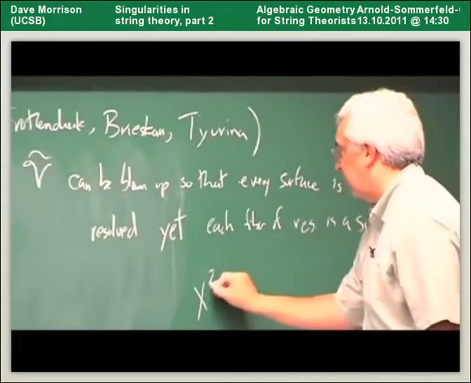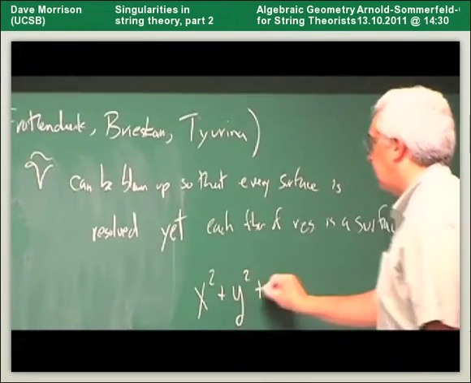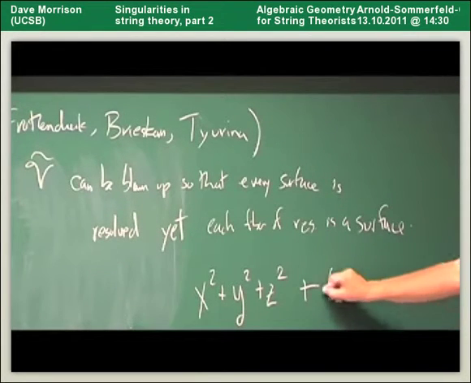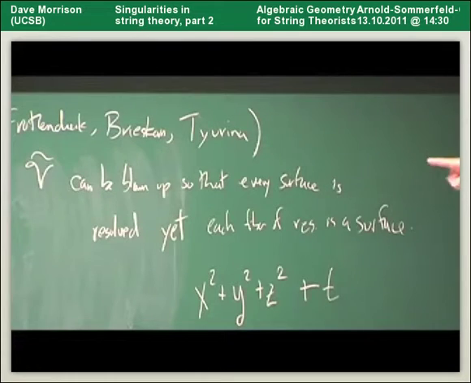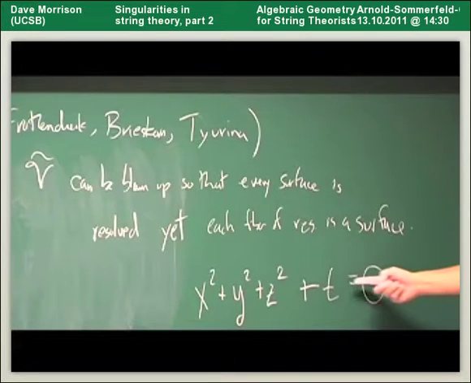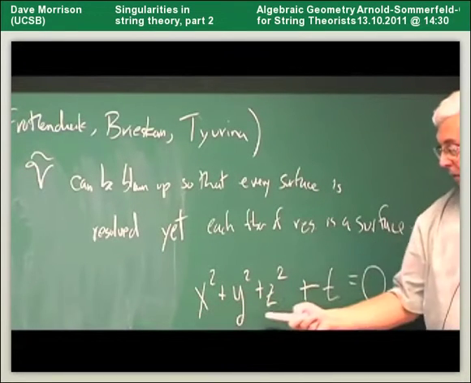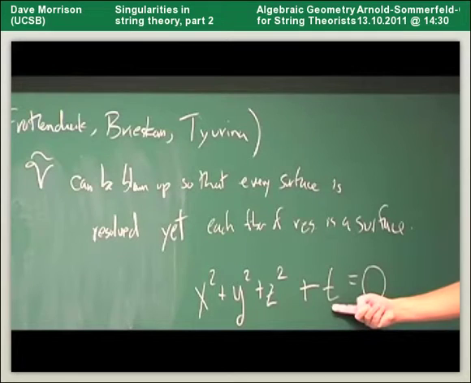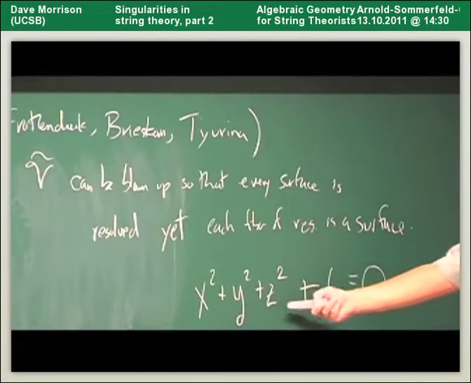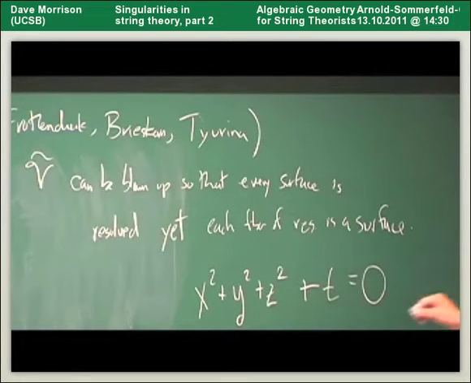If I took the very simplest singular point, x squared plus y squared plus z squared, and put in a deformation parameter t, like those a's over there, I would end up with a non-singular threefold, which had a singular surface at t equals 0, but a non-singular surface elsewhere. And if I attempted to blow up that singular point on the surface, I would blow up a singular point on the threefold.